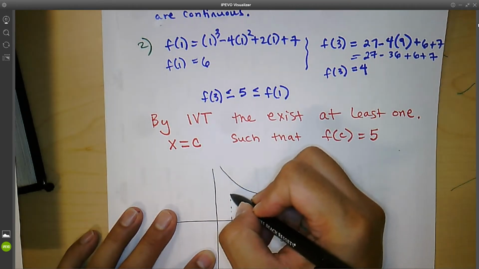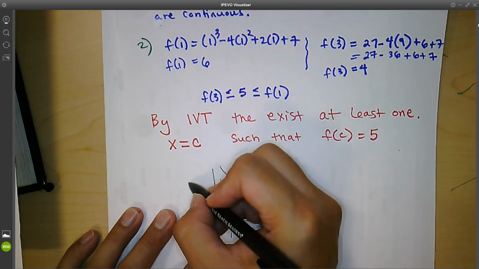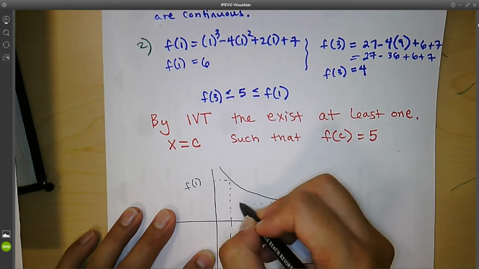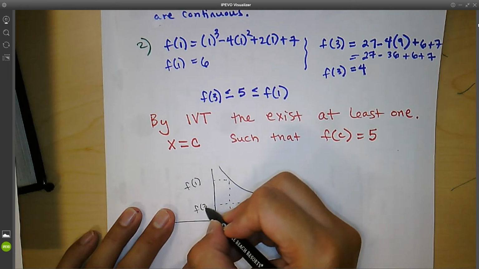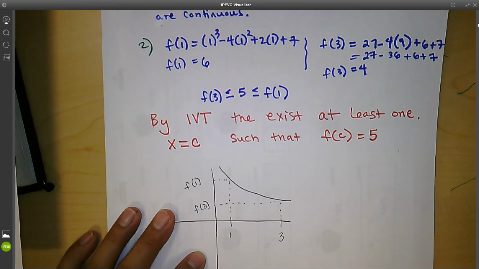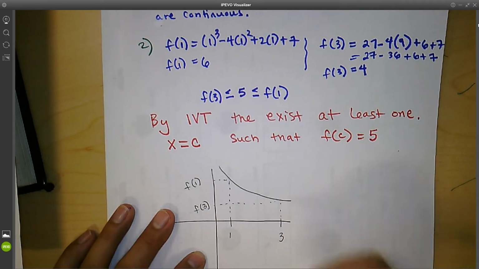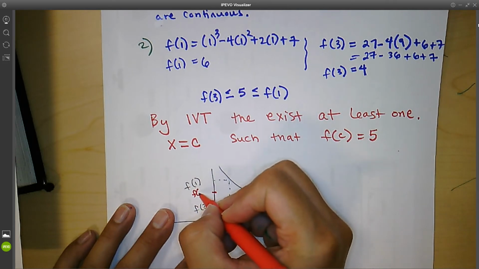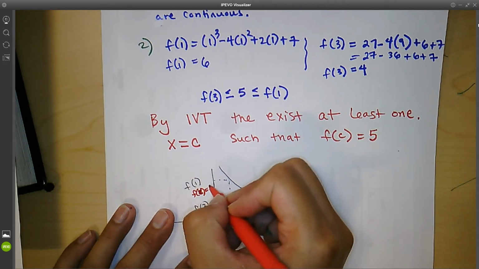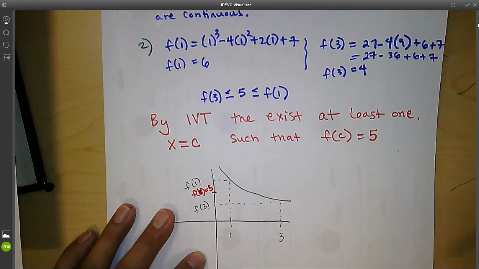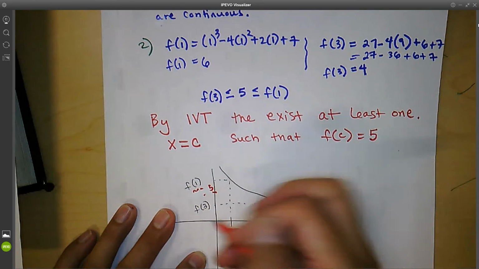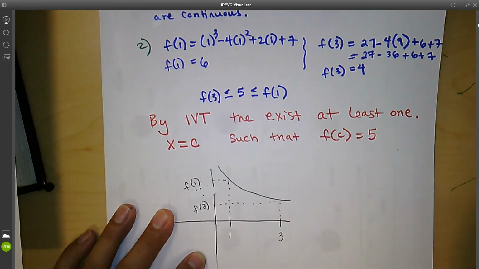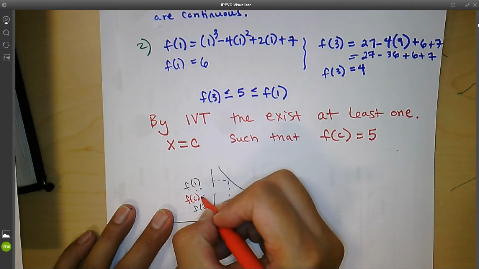We got that f of 1 is there, and we got that f of 3 is here. We know that our value is 5, and it's in between. F of c equals 5.